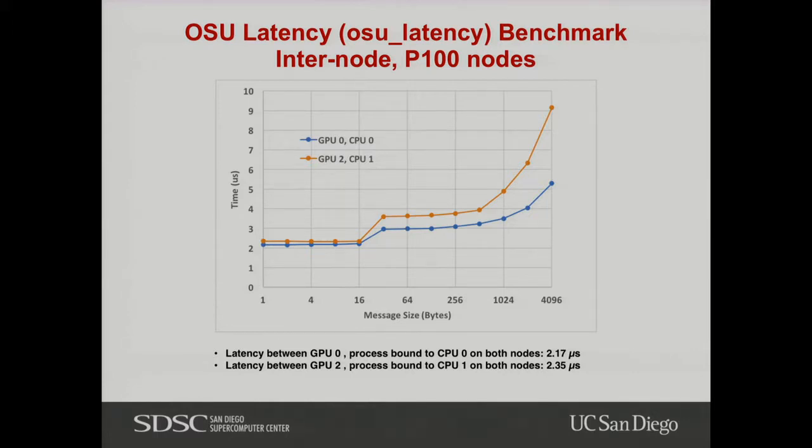So looking at the latency results, internode, again, this time I didn't do all three combinations, but in the case where it's off the socket, it's about 2.35 microseconds, and then on the socket with the HCA, you get 2.17, which I think is what's published also on the MVAPICH side.